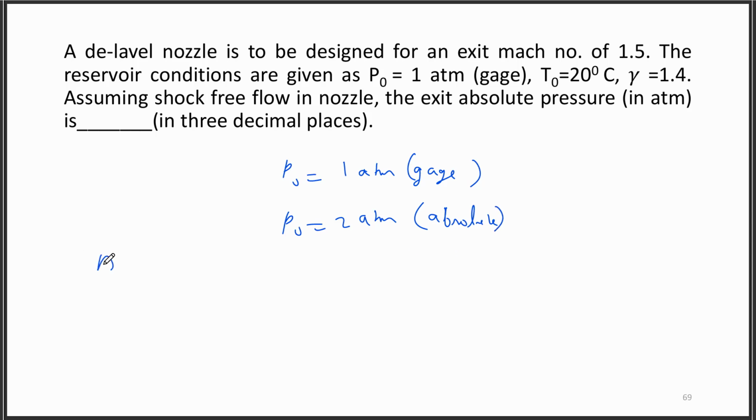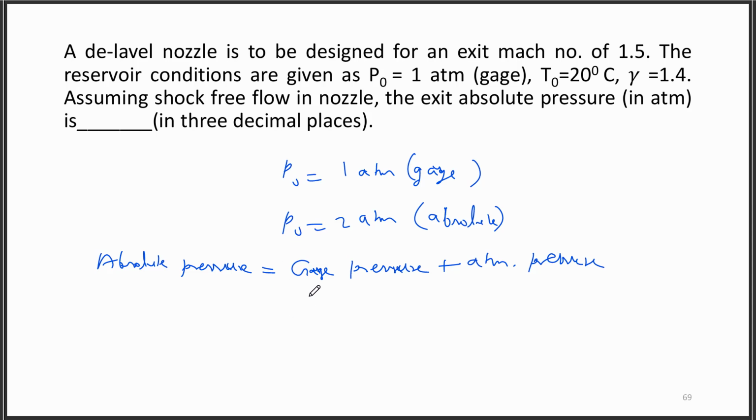Why? Because absolute pressure is gauge pressure plus atmospheric pressure, and we will take 1 atmosphere as atmospheric pressure.